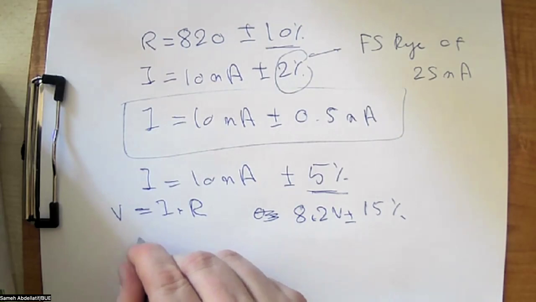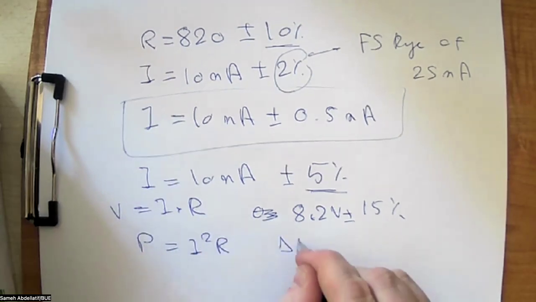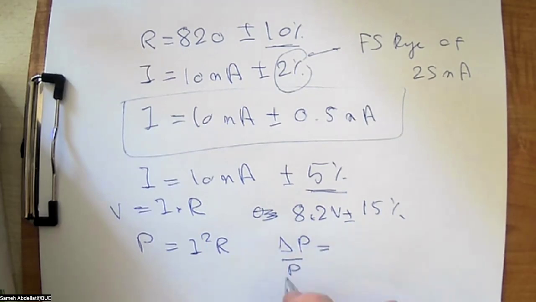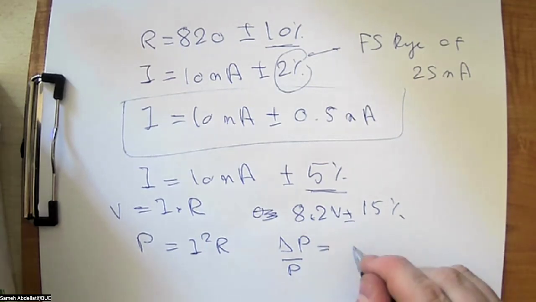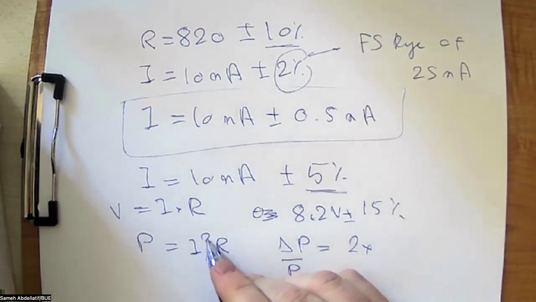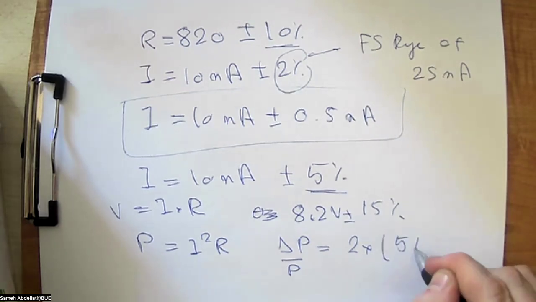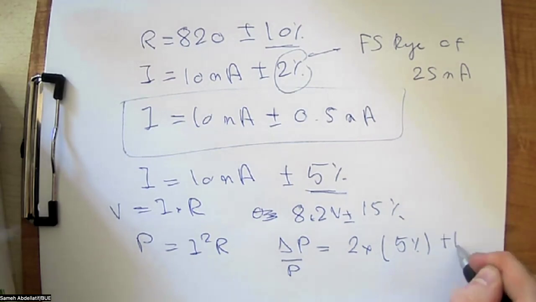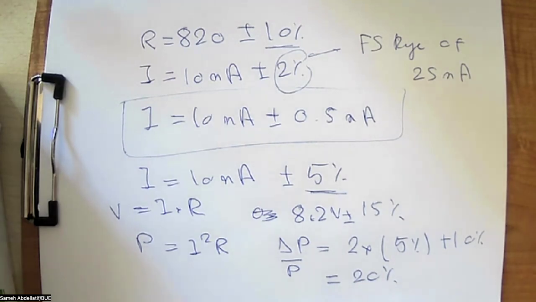And if we have power, which is I squared R, the delta P over P as a relative error is 2 times the 5% plus the 10%. So it ends up with a 20% error. The error in the power will be accumulated as 20%, using the equation we studied together.